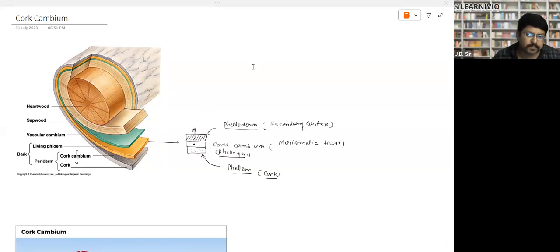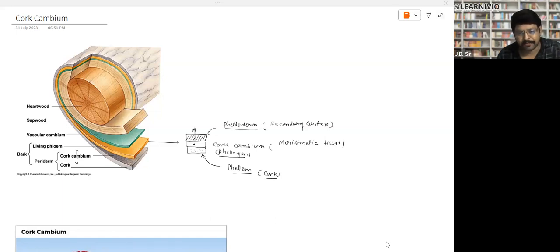Every time I am emphasizing this because it is really very important. Cork cambium and secondary growth are the most important points, and I think in the school examination the long question definitely comes from this chapter.